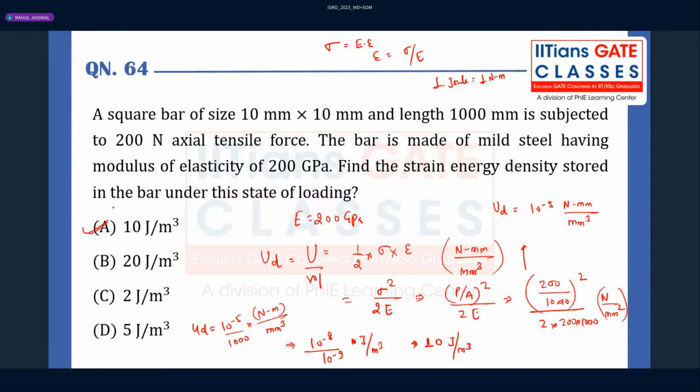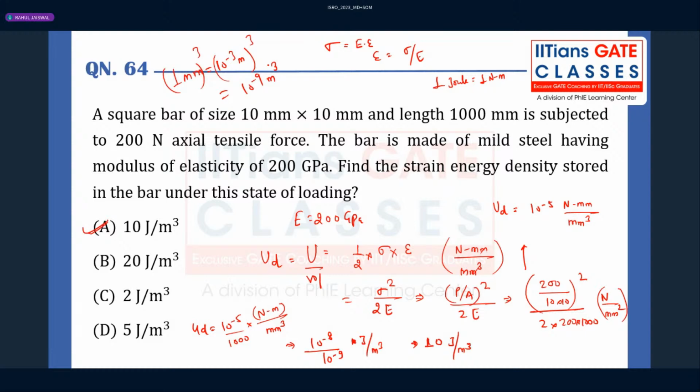A should be correct. When you convert mm into meter, 1 mm is 10 power minus 3 meter. When you take the cube, it will become 10 power minus 9 meter cube.